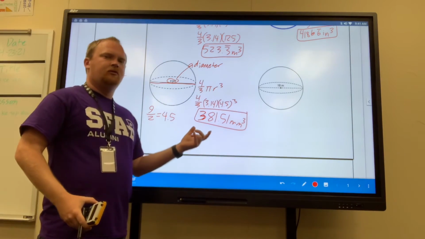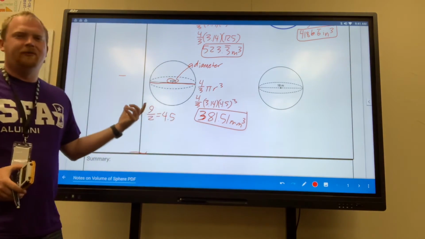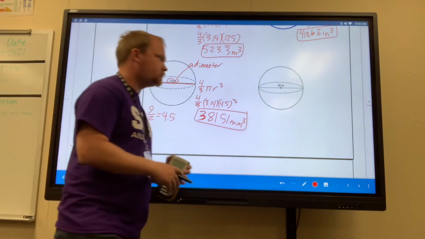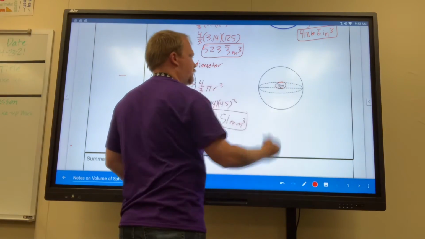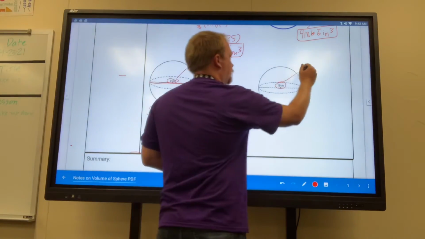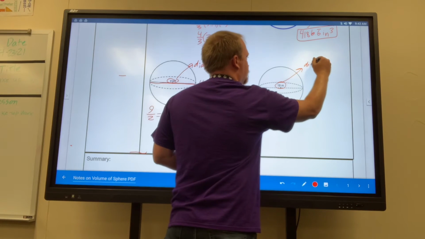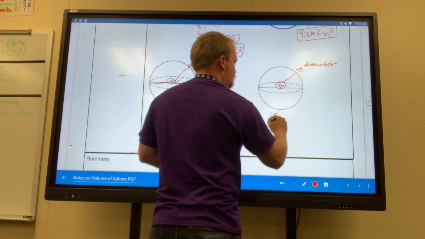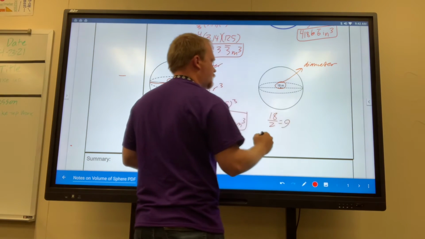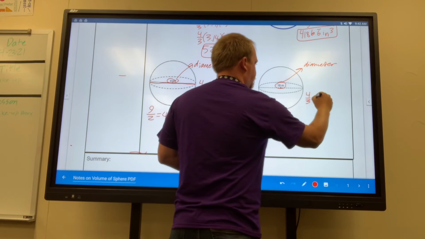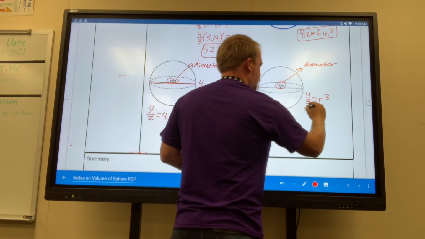All right. So again, even when we give a diameter, we just gotta find the radius by dividing by 2. So really, this is no different. That's my diameter. So I just gotta divide this by 2 to get me 9. And then 4 over 3 pi r cubed.